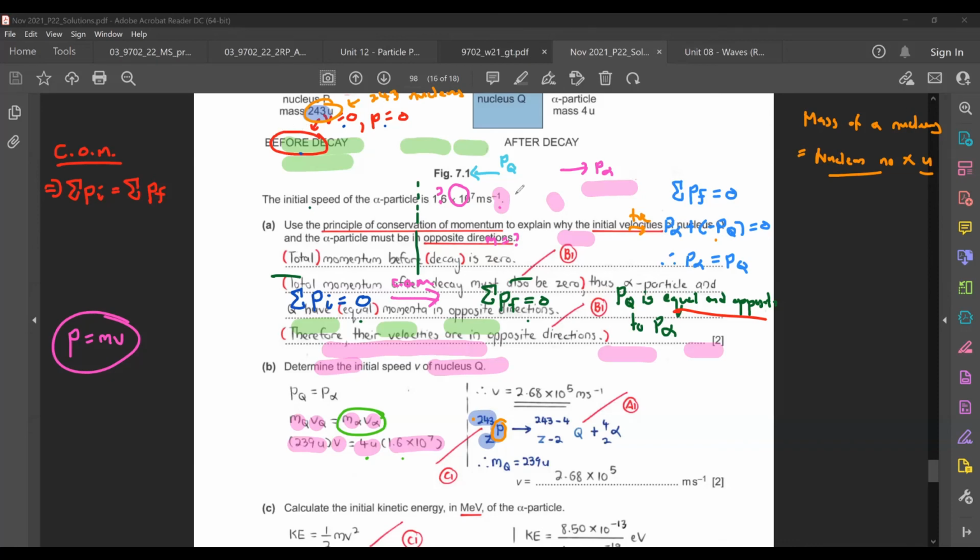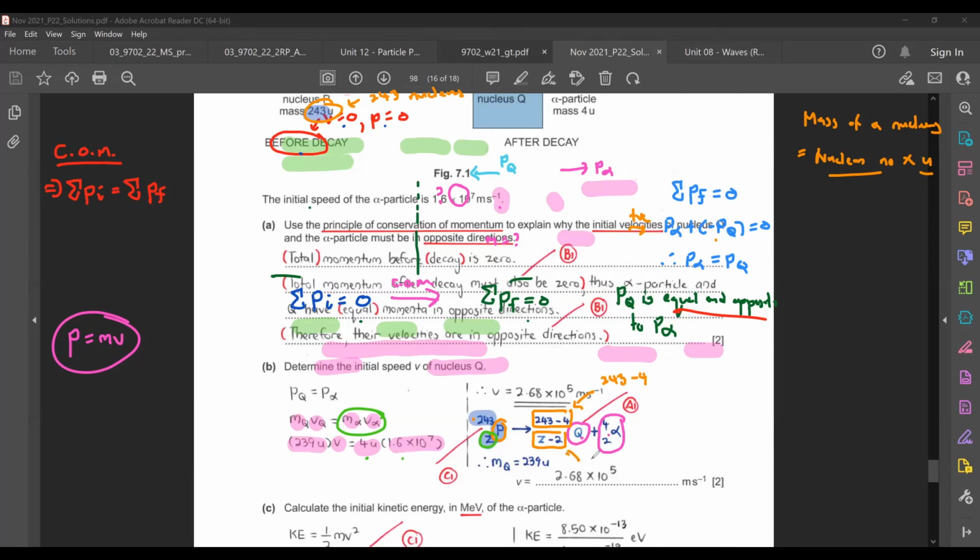Okay, so that one is not an issue. We just give it some random variable Z. From here, your nucleus P will decay to become nucleus Q while emitting an alpha particle. So here I know there's Q and alpha particle. What I want to do is balance off the proton number and nucleon number to get the nucleon number of Q and the proton number of Q. So this one will just be 243 minus 4.